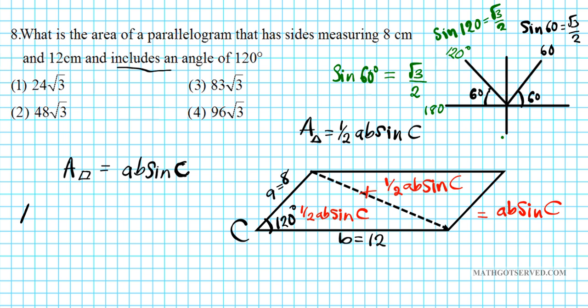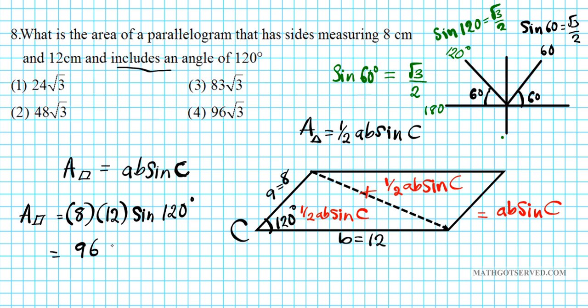So the area of our parallelogram is going to be A, which is 8, times B, which is 12, times sine C, 120. 8 times 12 is 96. Now what is sine 120? Remember we talked about it here. Sine 120 is the same as sine 60, which is root 3 over 2, or 0.8660.